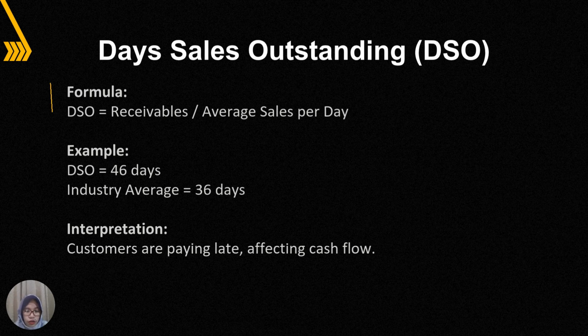So out of 365 days. So using the given values, our figures here is receivables is equal to 375, while our annual sales is 3,000, which if going to divide it, our DSO is approximately 46 days.